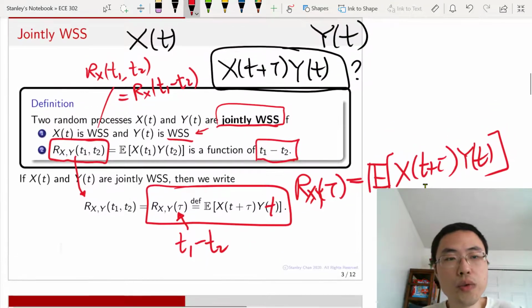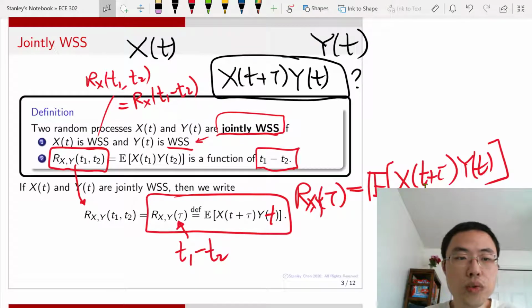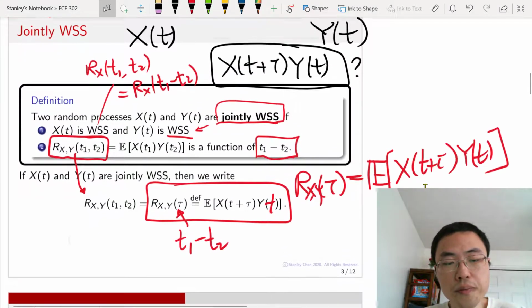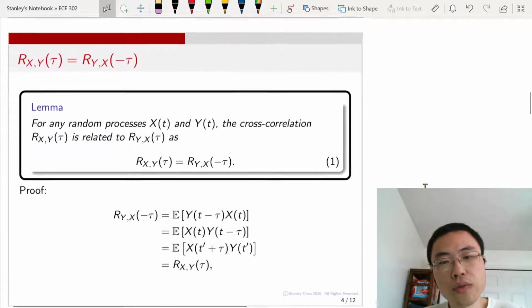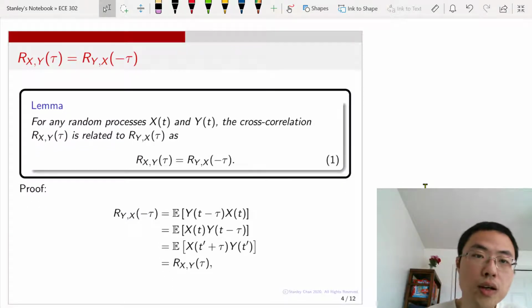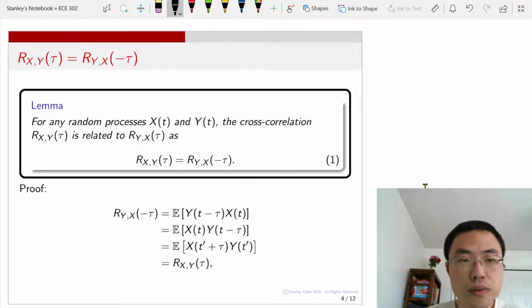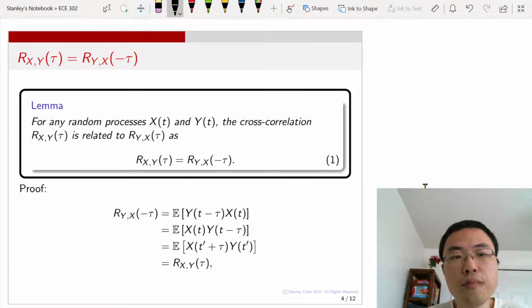Okay, so now we have defined the jointly wide-sense stationary processes, and we have also defined what I mean by the cross-correlation function. I want to mention one very important property about this cross-correlation function, which is that R_xy(tau) is equal to R_yx(minus tau).